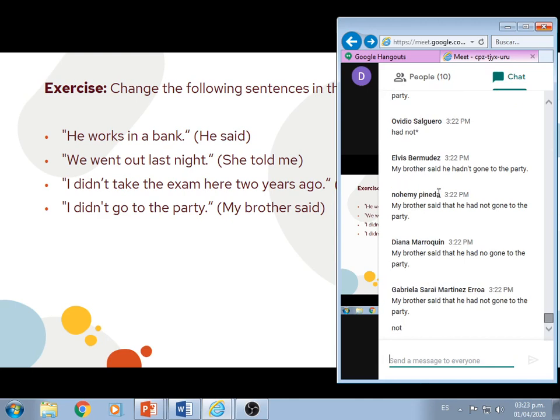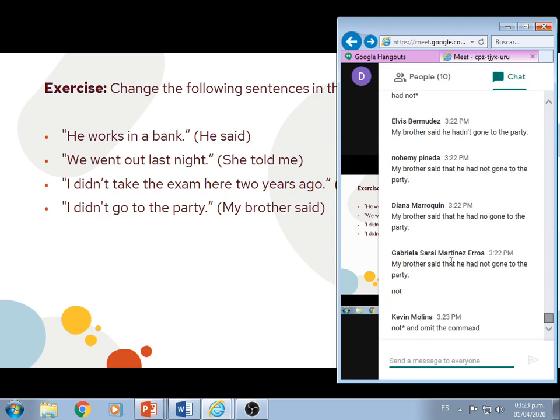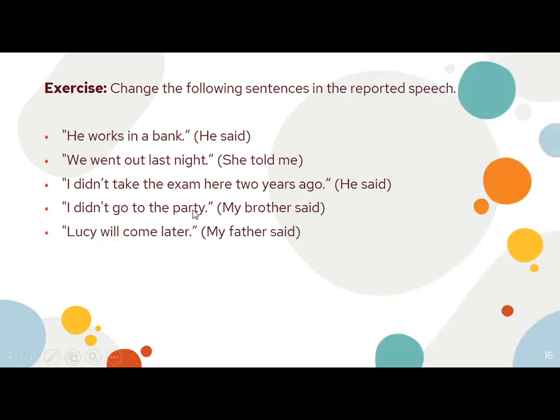My brother said he hadn't gone to the party. Perfect. My brother said that he had not gone to the party. Remember, in the case of had not, it has to be with not. My brother said that he had not gone to the party. Perfect, Kevin. Let's continue.